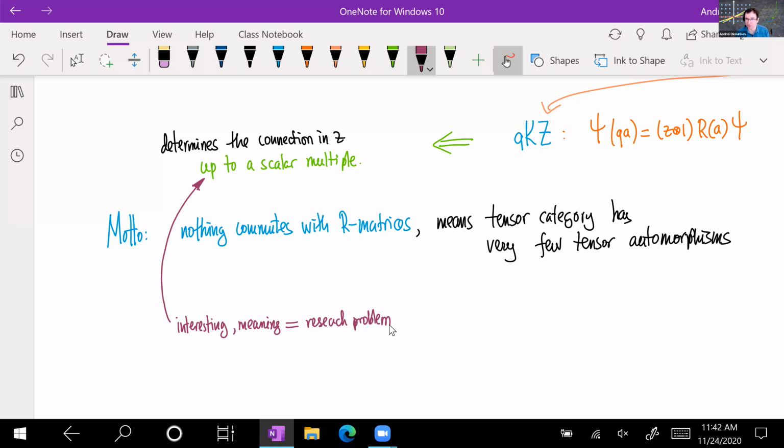It's not stupid, this scalar, but anyway, somebody wants to investigate, even in cohomology.